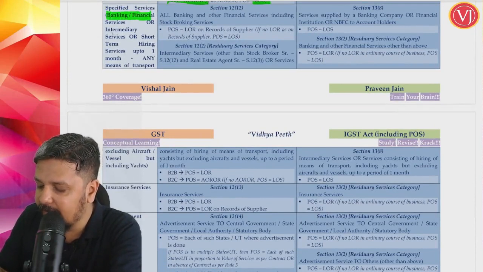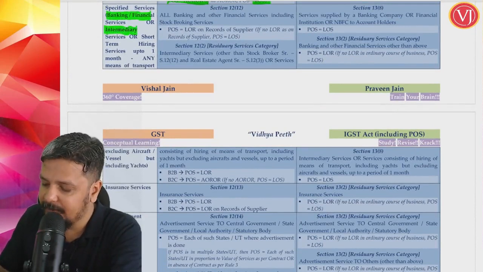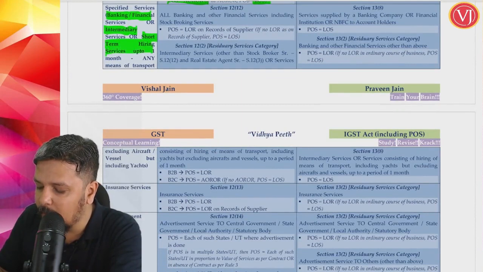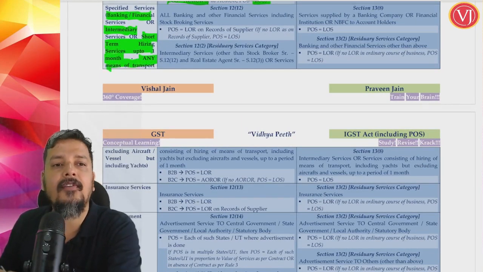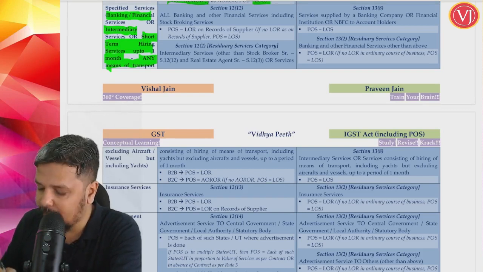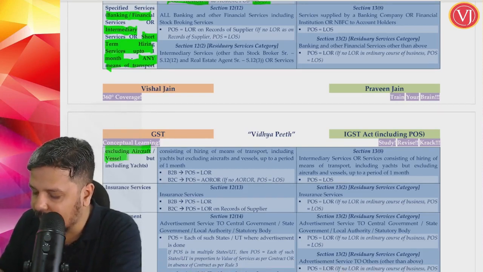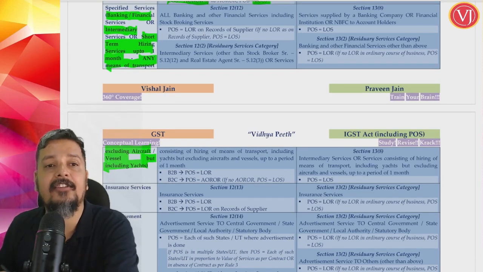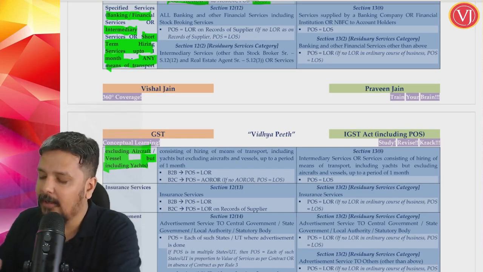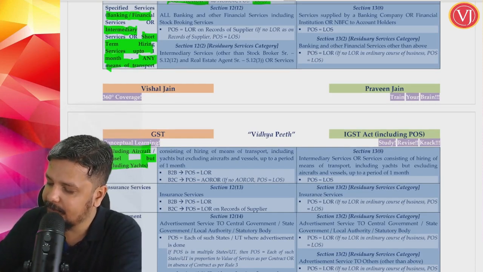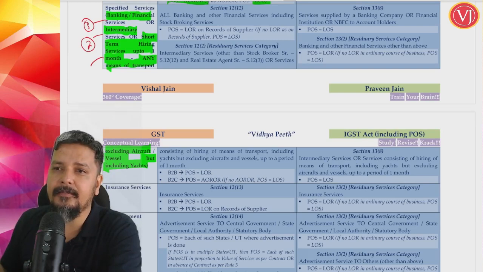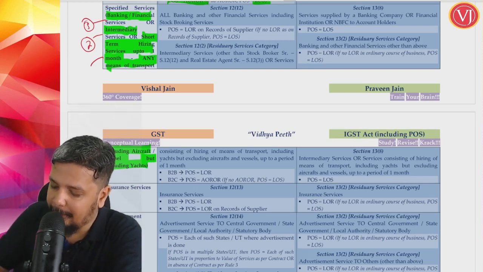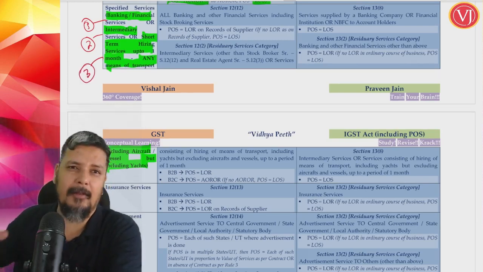The last set of services: banking services, intermediary services, short-term hiring up to 1 month of any means of transport, excluding aircraft or vessel but including yacht and recreational ships. Now, what services are being discussed here? Banking, intermediary, and short-term hiring up to 1 month; if it is more than 1 month, go to the normal category.